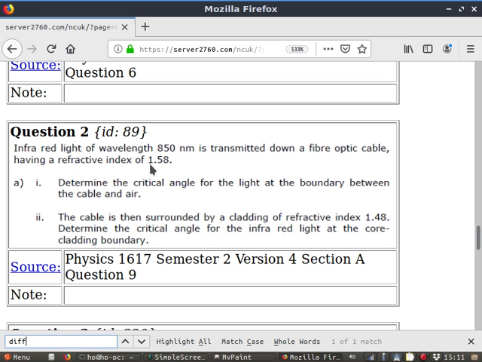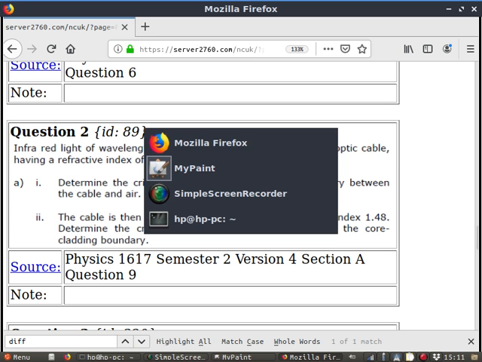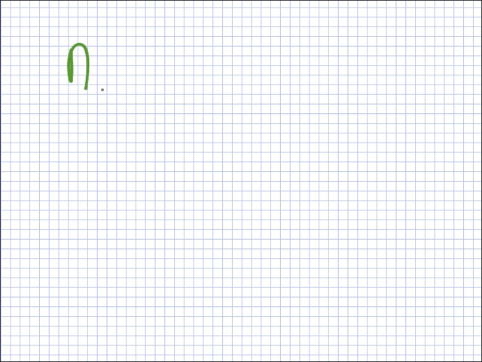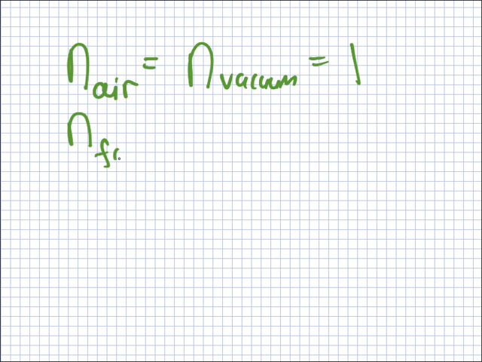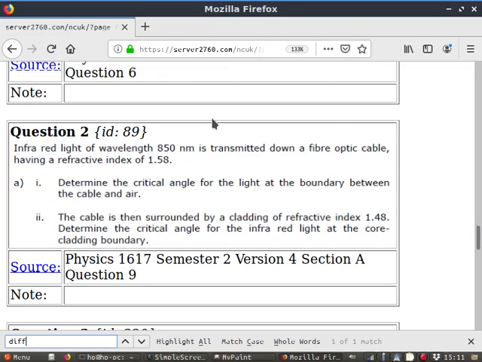It's a calculation question. Infrared of wavelength 850 is transmitted down a fibre optic cable and has a refractive index of 1.58. What is the critical angle for light at the boundary between the cable and the air? Now they don't say this in the question, but you can assume the refractive index for air is the same as for a vacuum, meaning 1. And the index for the optic fibre cable is 1.58.